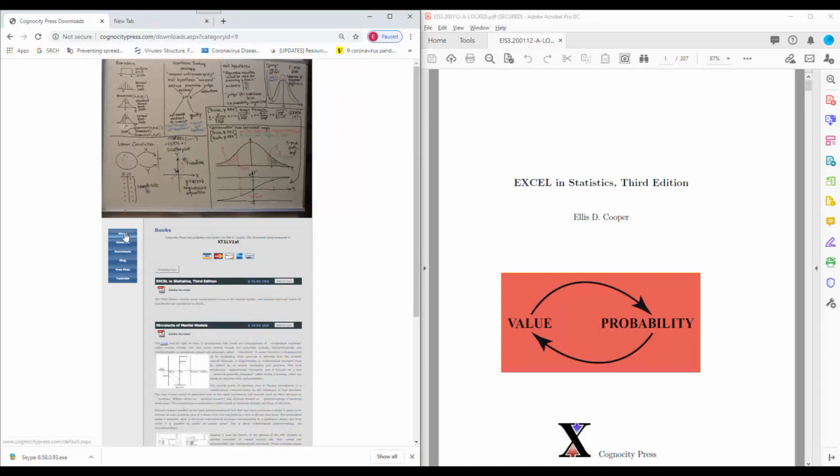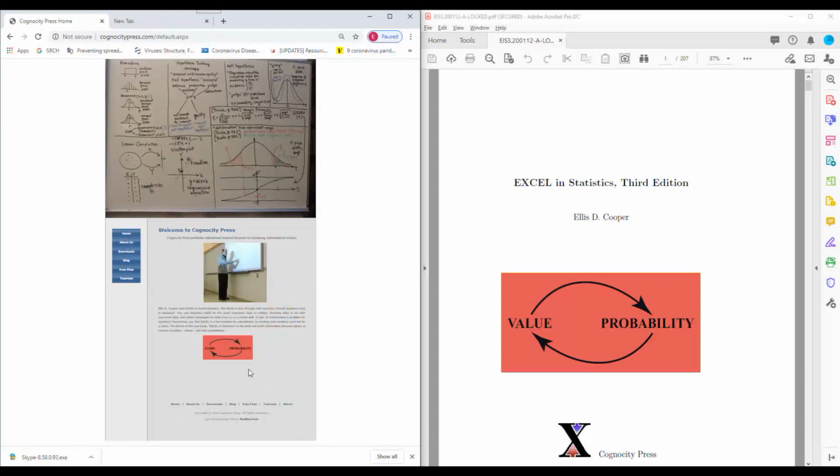What I want to emphasize is this red rectangle, which shows a back and forth relationship between the values of a random variable and the left tail cumulative probabilities associated with those values.